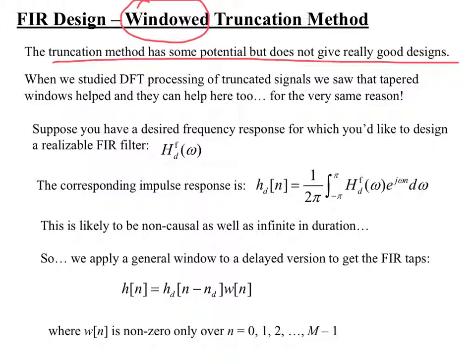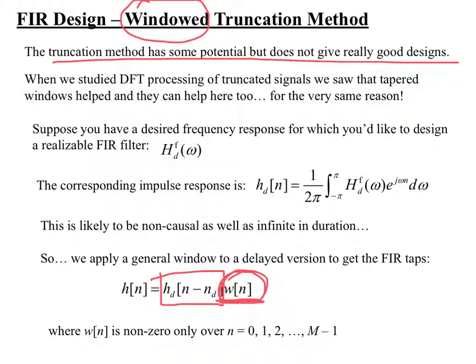And in fact, the idea here is really not that different. We think about having a desired frequency response with its impulse response, and we're windowing it. We're applying a rectangular window, and so back in the frequency domain, it would be the desired frequency response convolved with the window's frequency response.